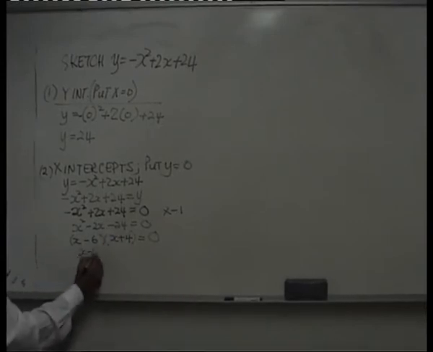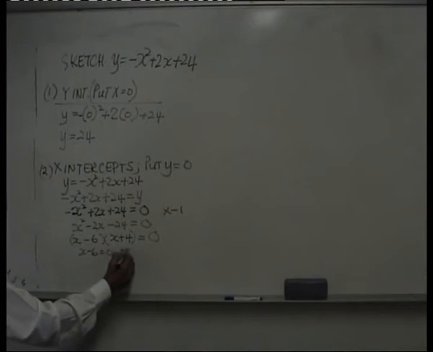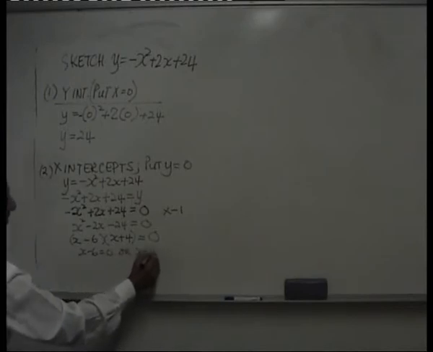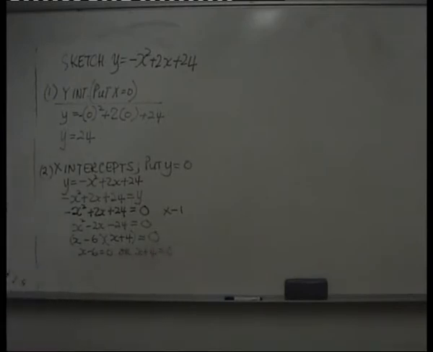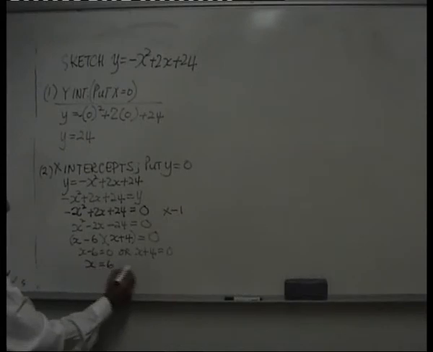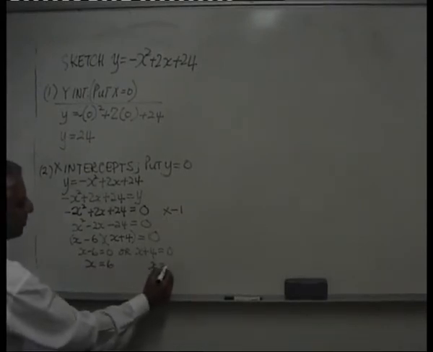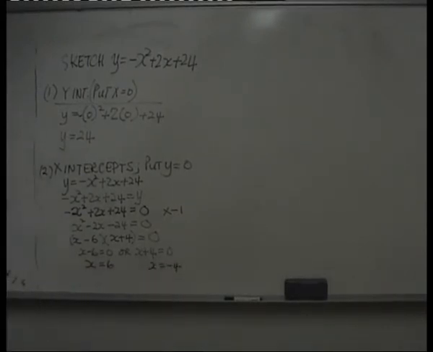And then x minus 6 is equal to 0, or x plus 4 is equal to 0. So x is equal to 6, or x is equal to minus 4. So we got our x-intercepts. Alright, now we're going to move on to find the axis of symmetry.